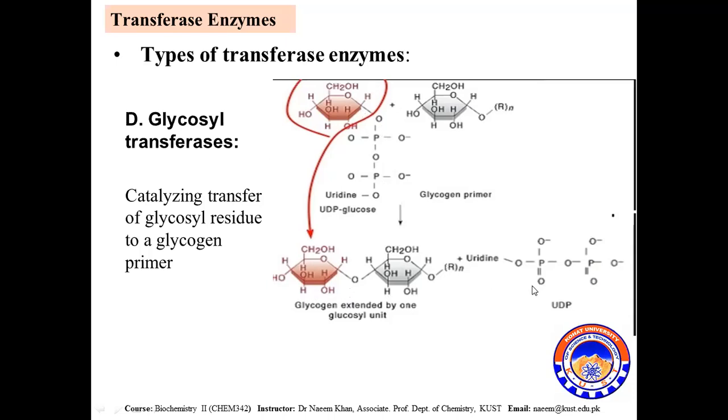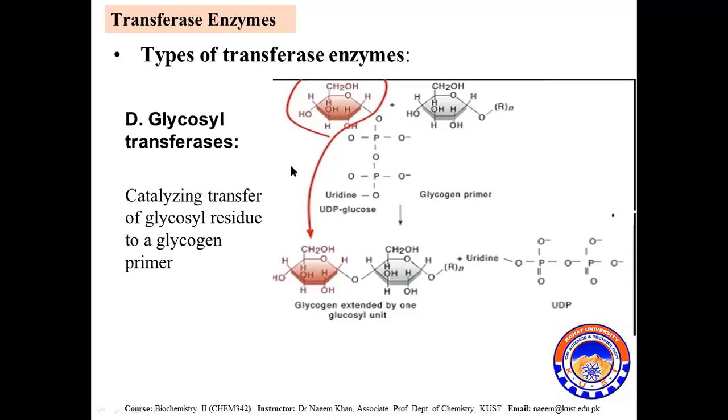This uridine diphosphate will again be attached to glucose through glucose 6 phosphate with the hexokinase enzyme, and the glycosyl unit will be transferred again.